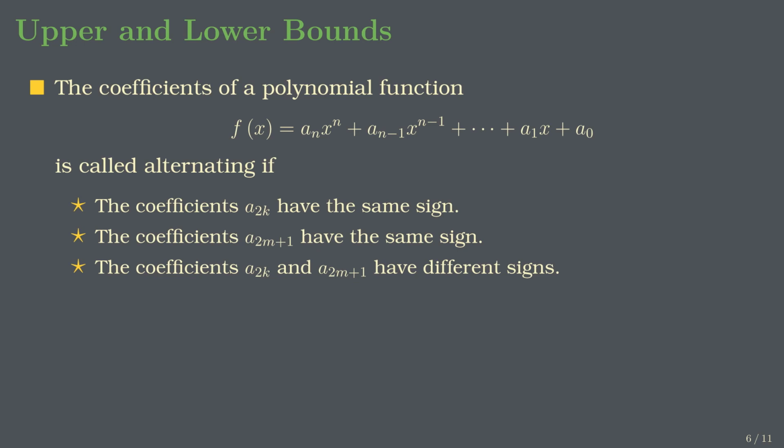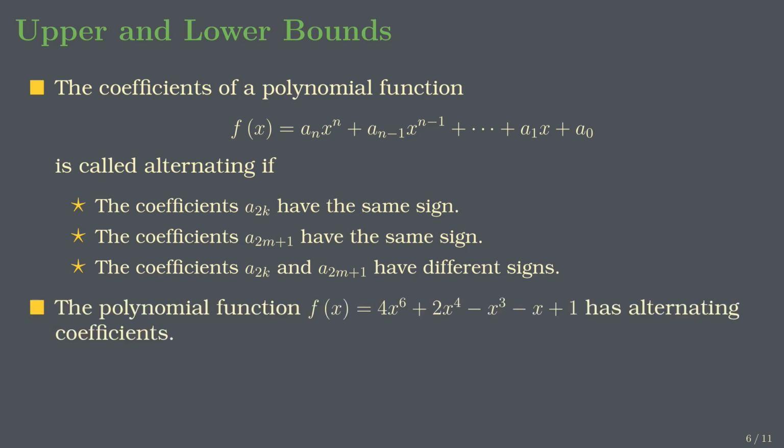So for example, the polynomial function 4x^6 plus 2x^4 minus x^3 minus x plus 1 has alternating coefficients, because the coefficients of even powers of x are 4, 2, and 1, right? And the coefficients of odd powers of x are minus 1, minus 1, right?